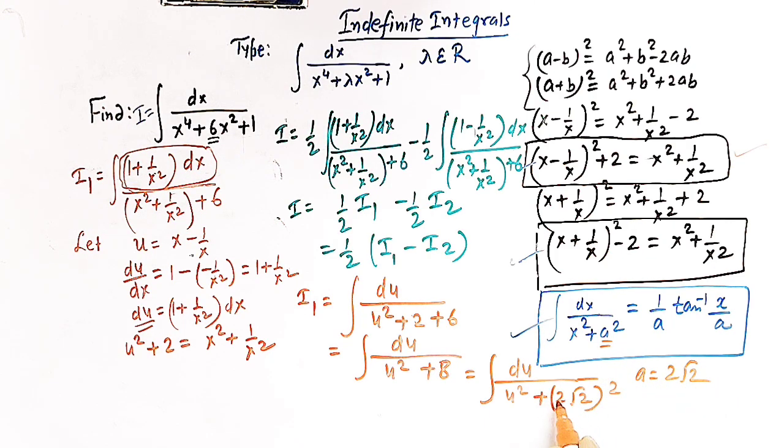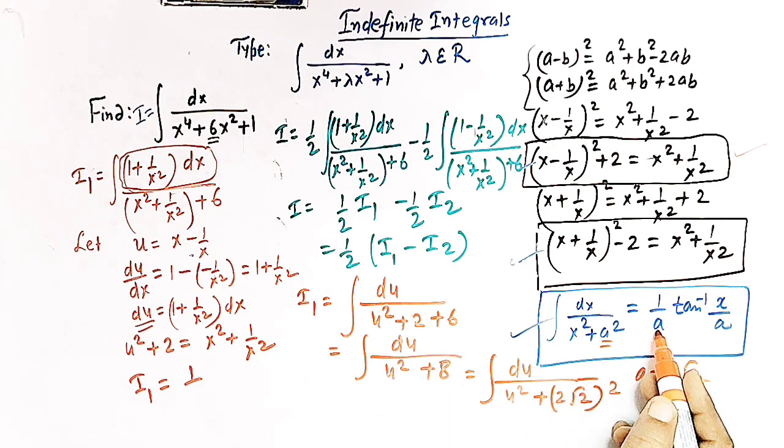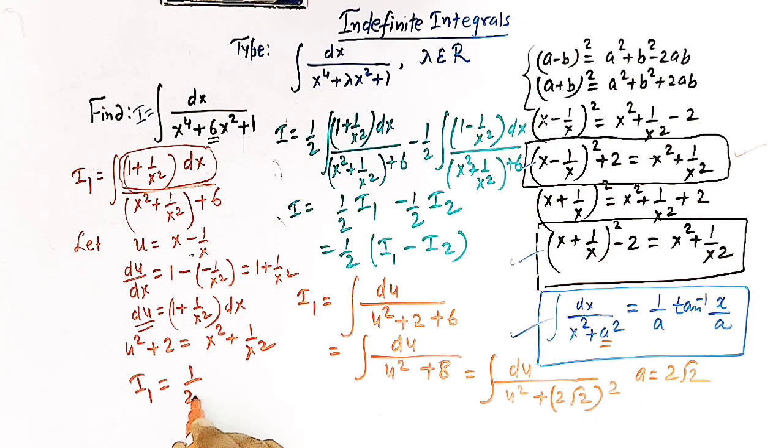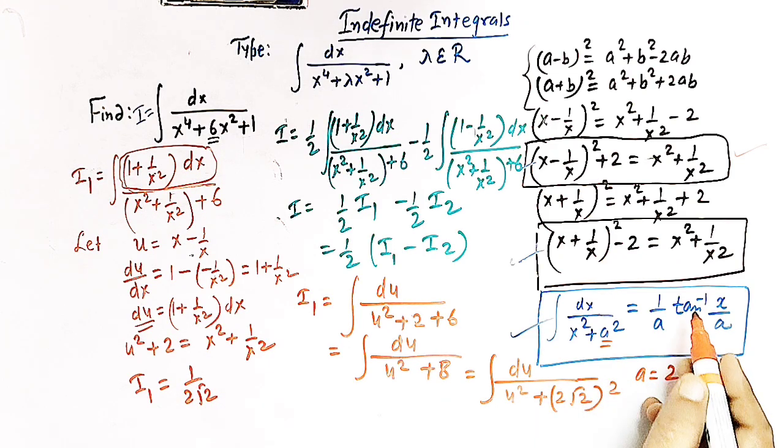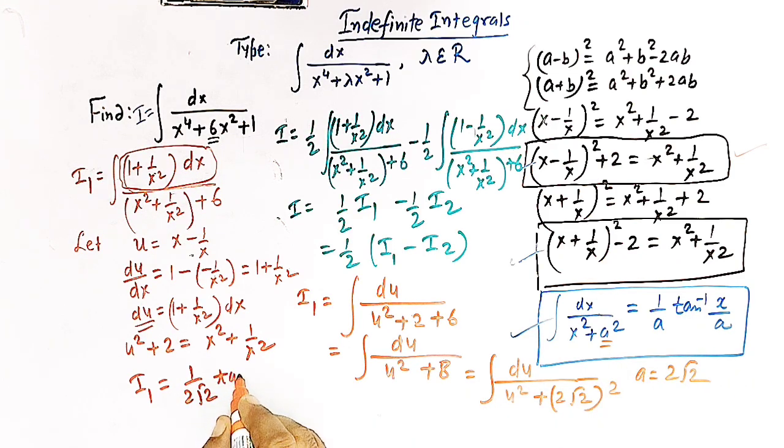So the value of I1 is now equal to 1 over A. A is 2 root 2, and here we have tan inverse x over A. For x we have u, and for A we have 2 root 2.